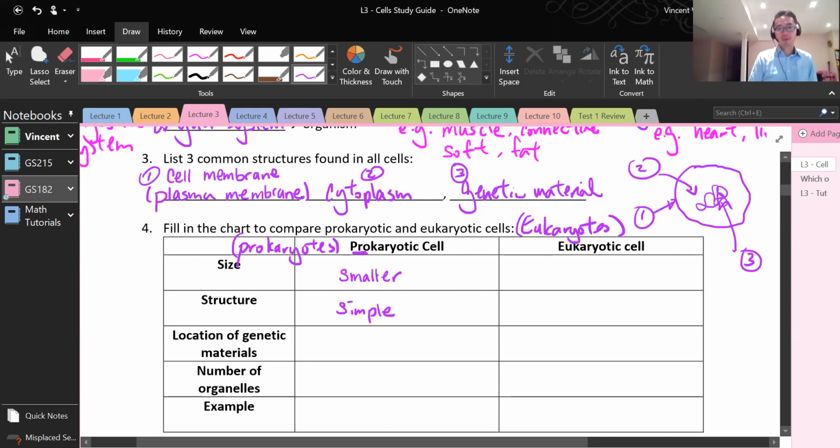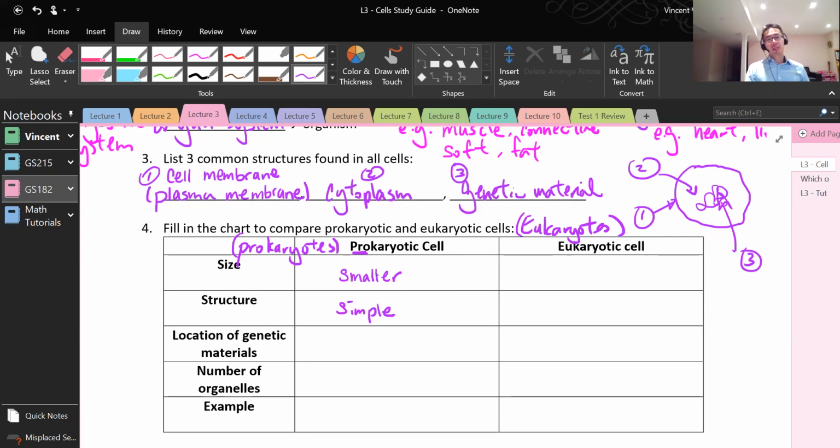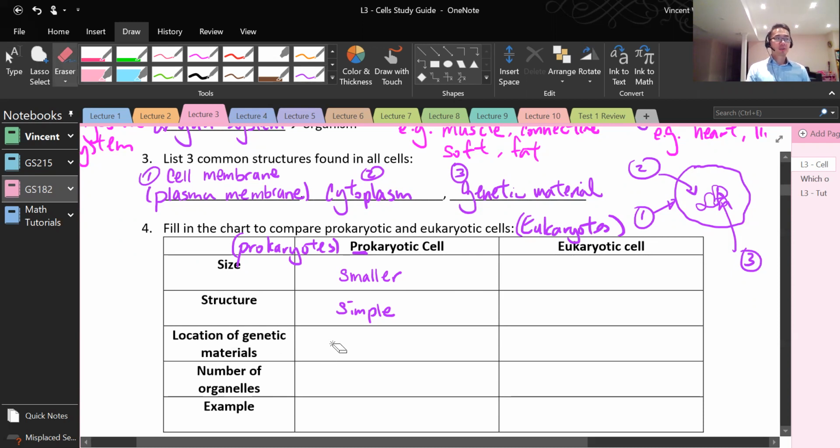It's very, very simple. The genetic material is in the central area of the cell, not compartmentalized.